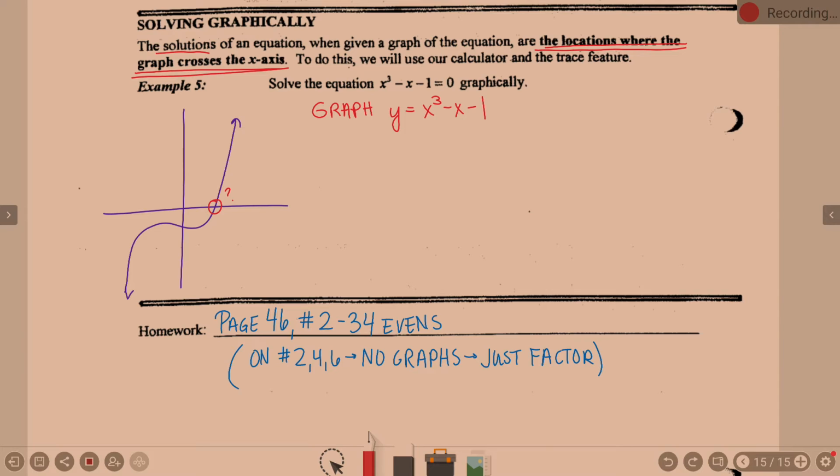Close, but not quite. You could zoom in. Remember, I have to enter around it to zoom in. And when I zoom in and hit trace again, I can get a little bit closer. Like right there, I'm at 1.32575. That's really close, guys. Now, how do we get an exact answer?